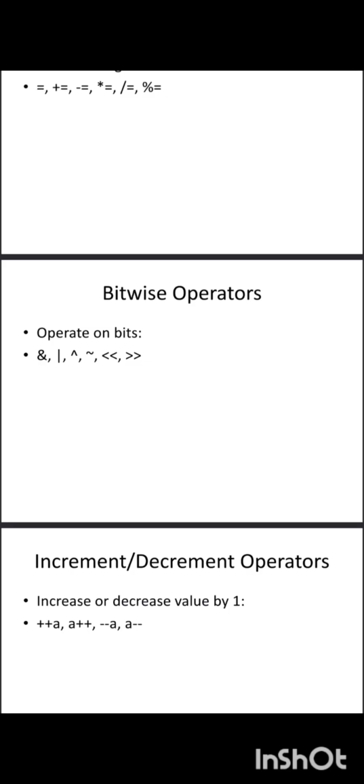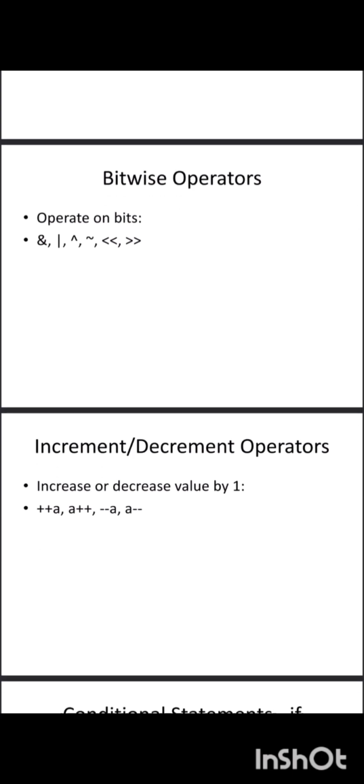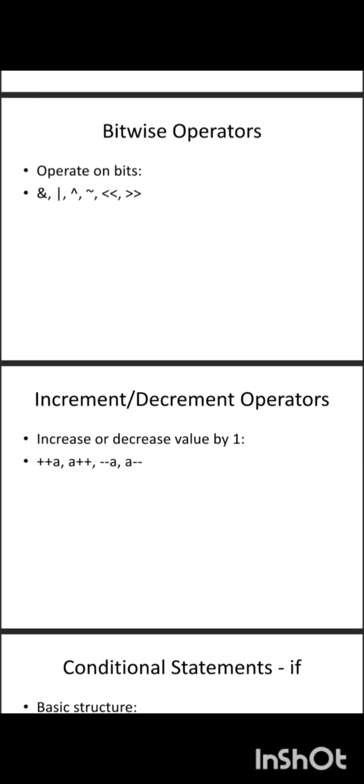And come to slide 7, increment or decrement operators. These operators are generally used to increase or decrease the value of a variable by 1. They are represented by these symbols, ++ for increment and -- for decrement. They can be used in prefix or postfix forms. For example, ++a or a++.